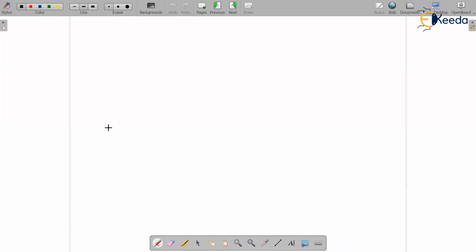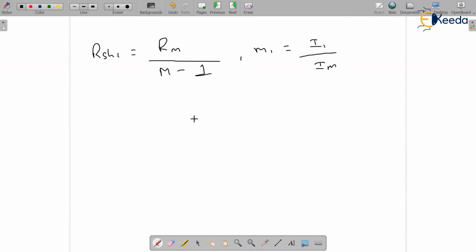So I can go by RSH1 is equal to Rm by M minus 1, where M1 is equal to I1 by Im.